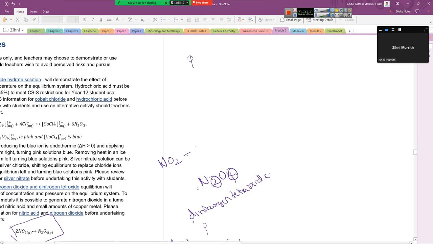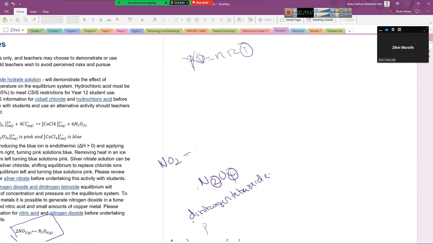For example, let's say PV is equal to nRT. We have already studied how the temperature will behave with respect to equilibrium. So if the pressure is not changing, we can tell that the change in temperature will be applied for the change in volume also. Can we tell like that?